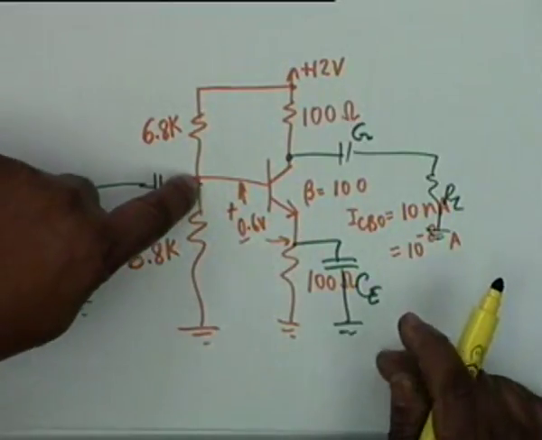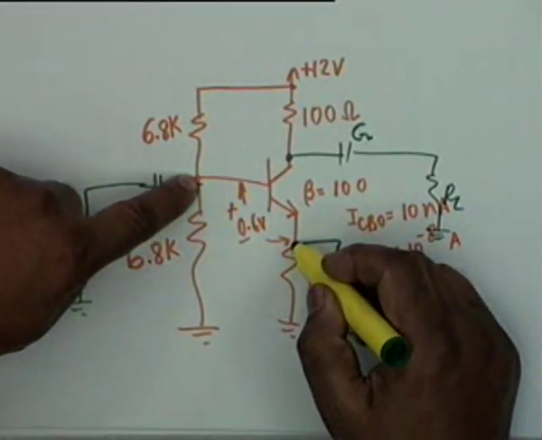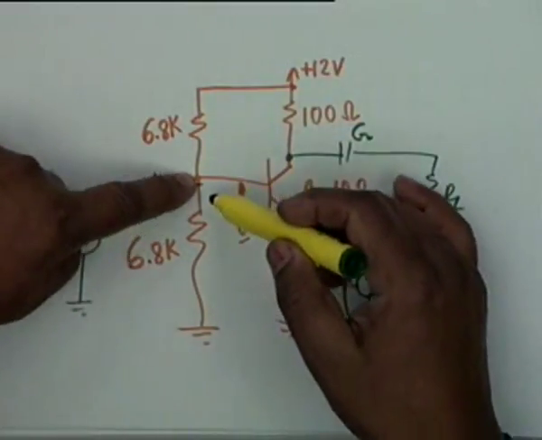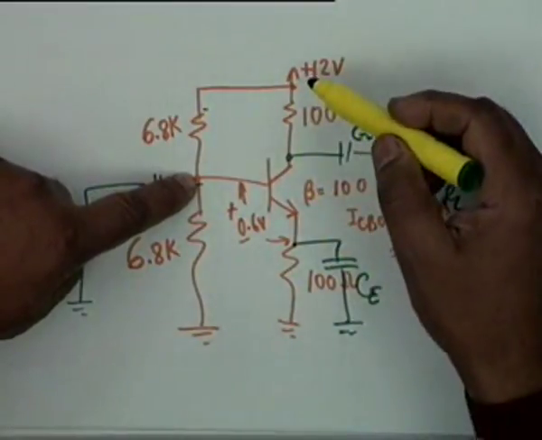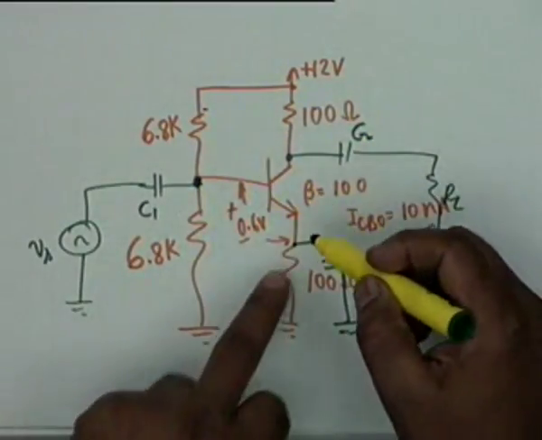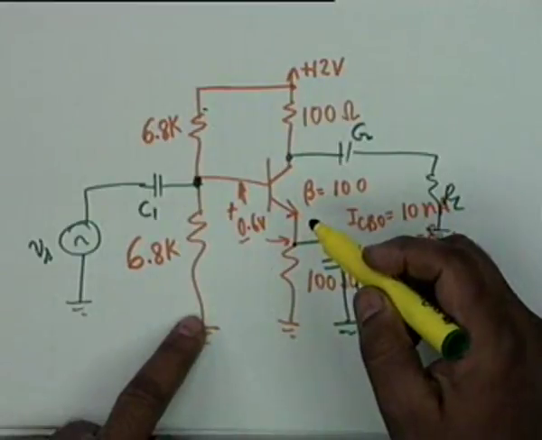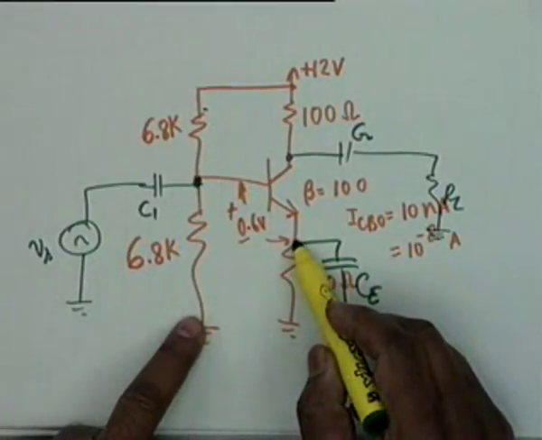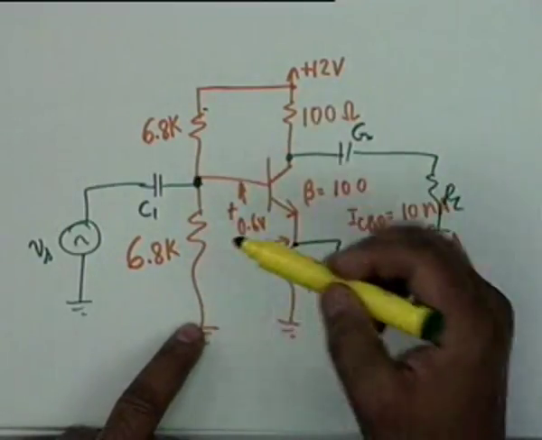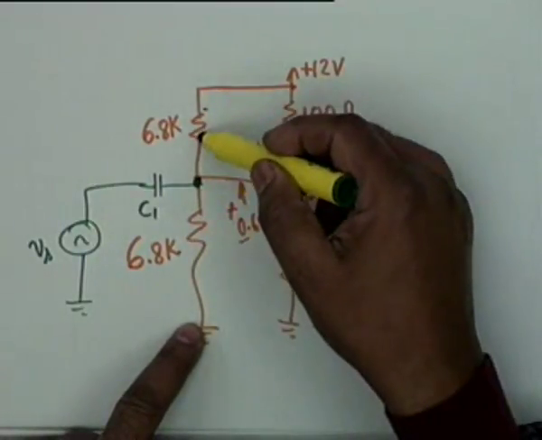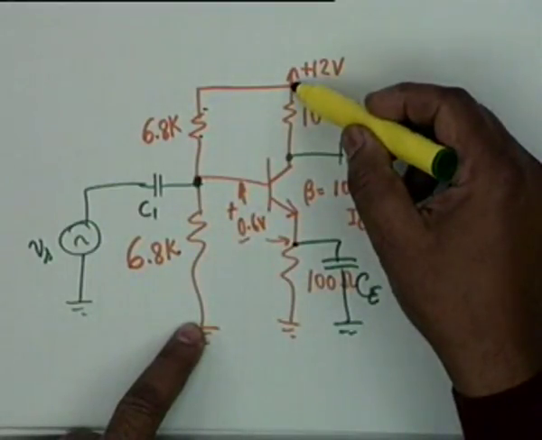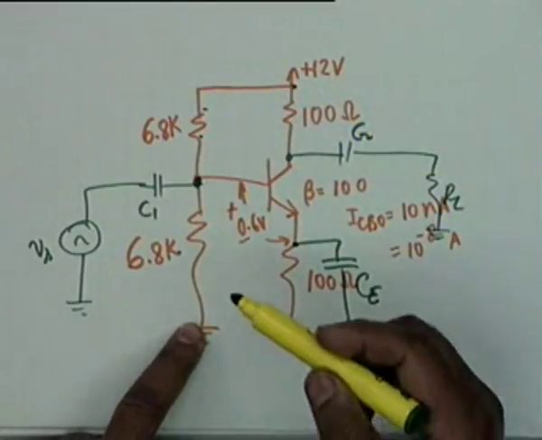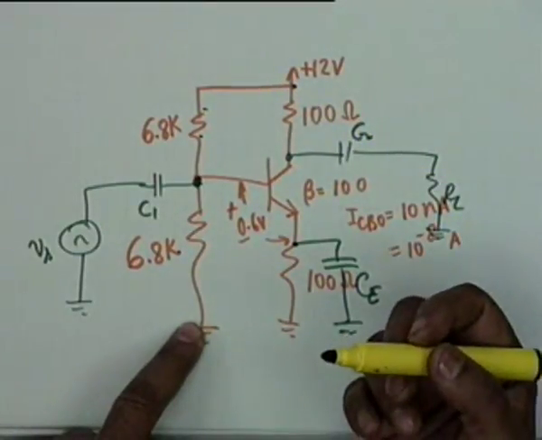Between the base and emitter I shall have the parallel combination of 6.8K and 6.8K. Is that right? Between this point and the emitter or ground, at AC this point will be virtually grounded. So, between this point and ground we shall have 6.8K and 6.8K in parallel, because the battery is virtually AC grounded. Okay. So, that would be equivalent to 3.4K.